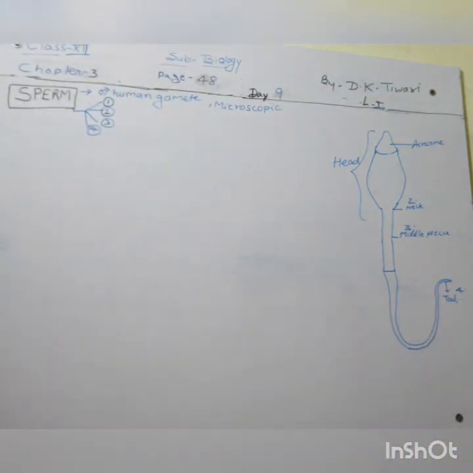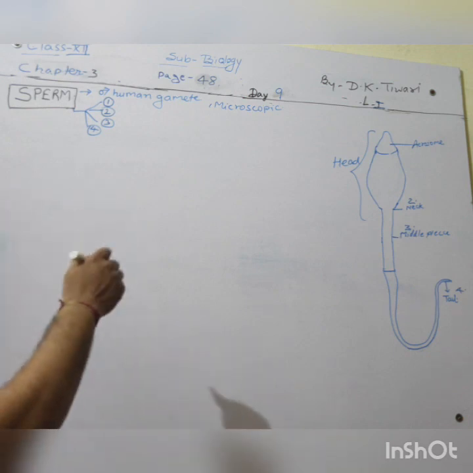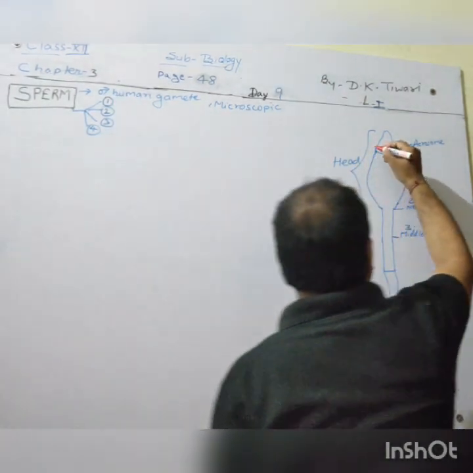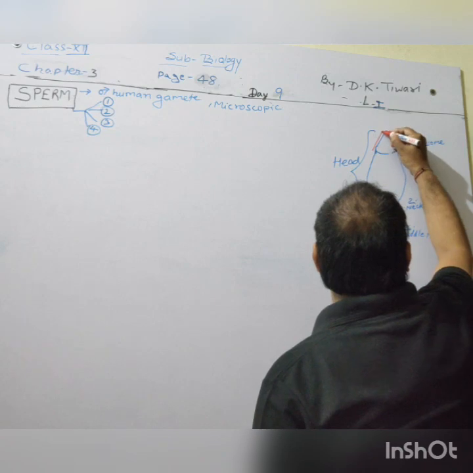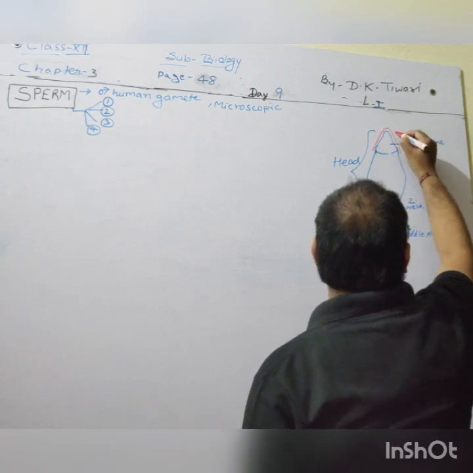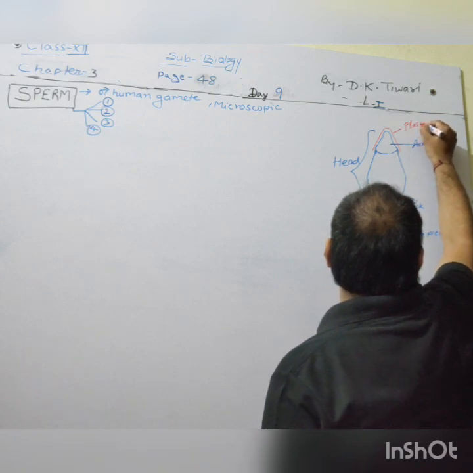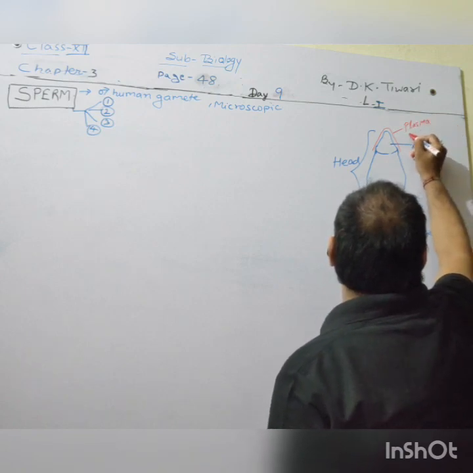One more thing is that the complete sperm is covered with a membranous structure called the plasma membrane. The plasma membrane covers the whole sperm body.